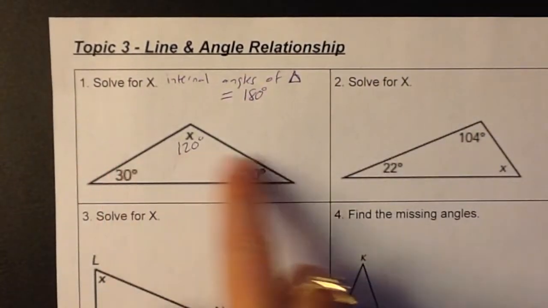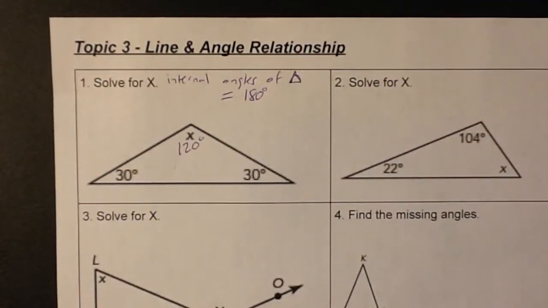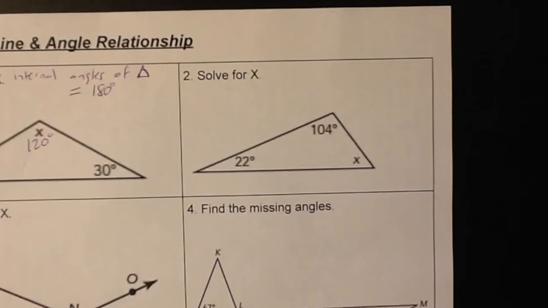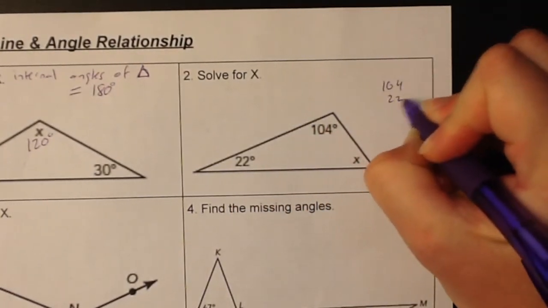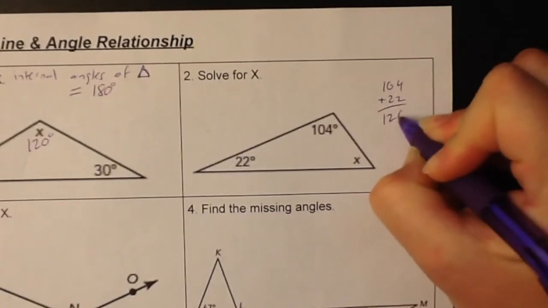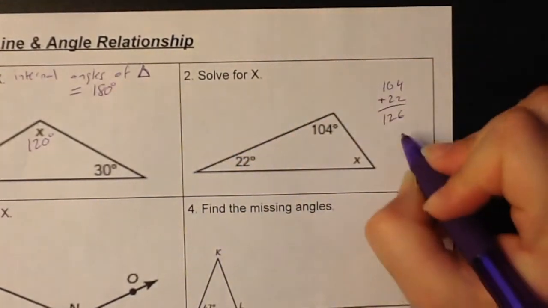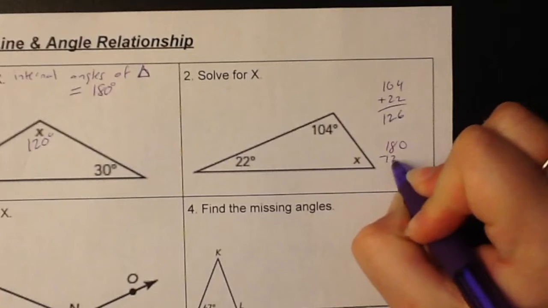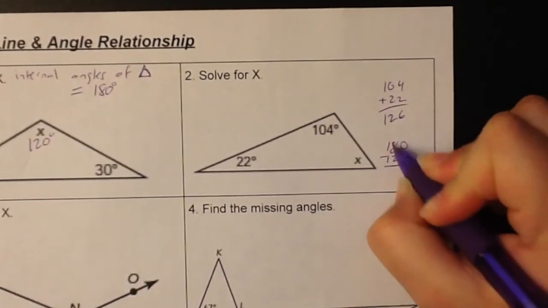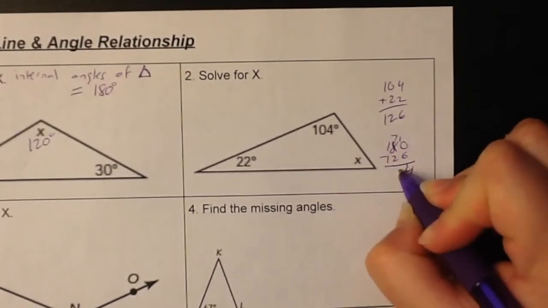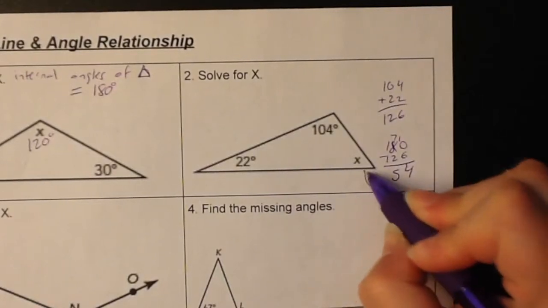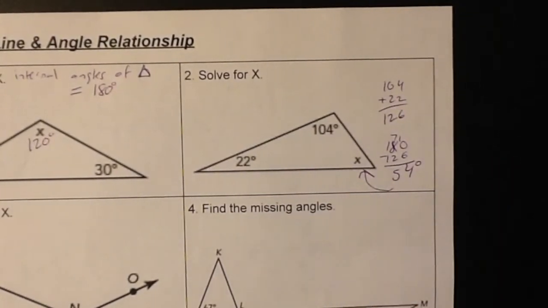So if you know the other ones, you can always find that third one. Same thing on number 2, I have a 22, I have a 104, so that's a 126, so if I take that away from the 180, the rest should be our x. And of course you can use a calculator for this, just like that.